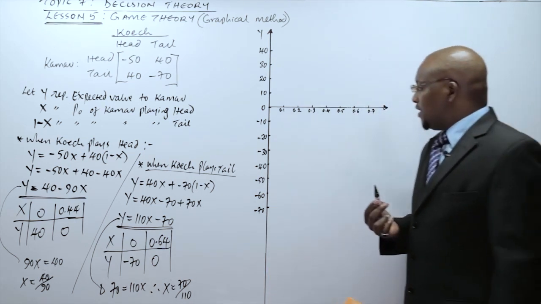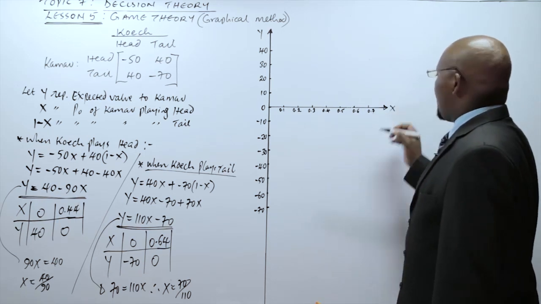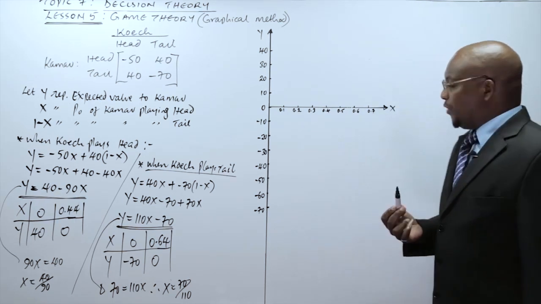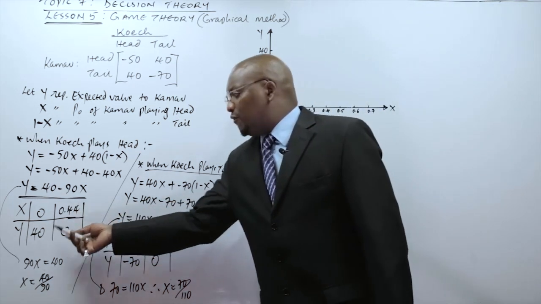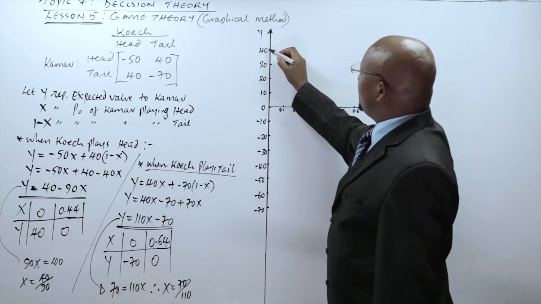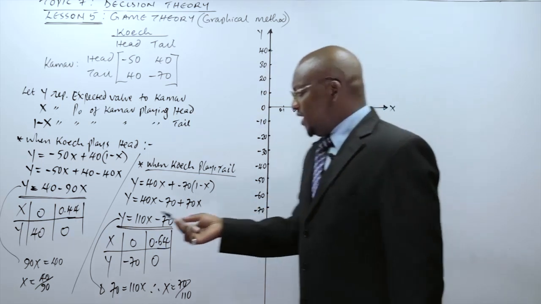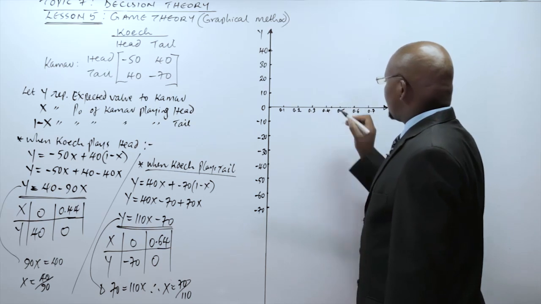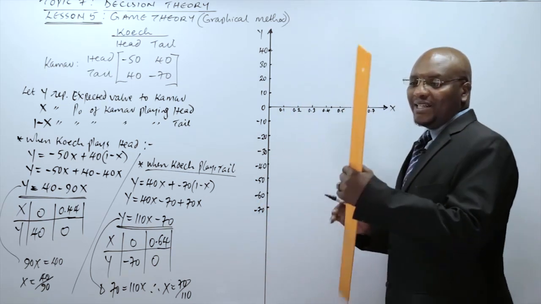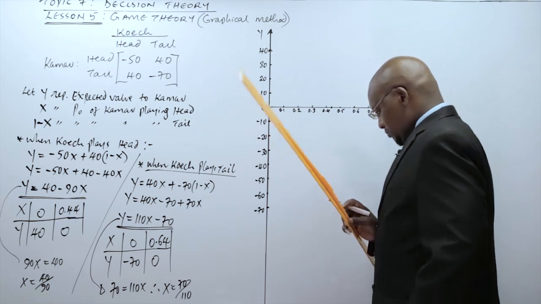Now, this being my x, which is my probability, I connect. My first coordinate is 0 and 40, which is here. And the other one is 0.44 and 0. Let's say 0.44 is here. So I draw a line touching the two.